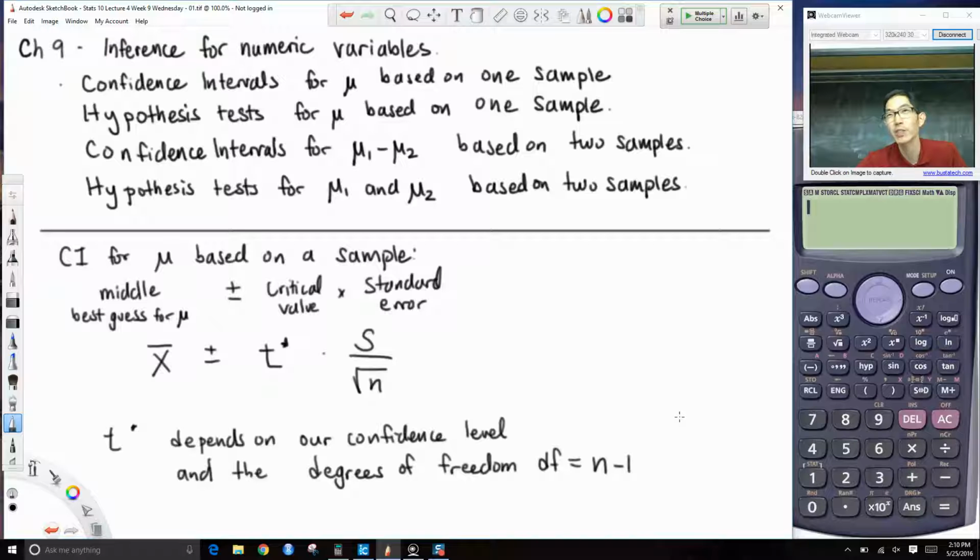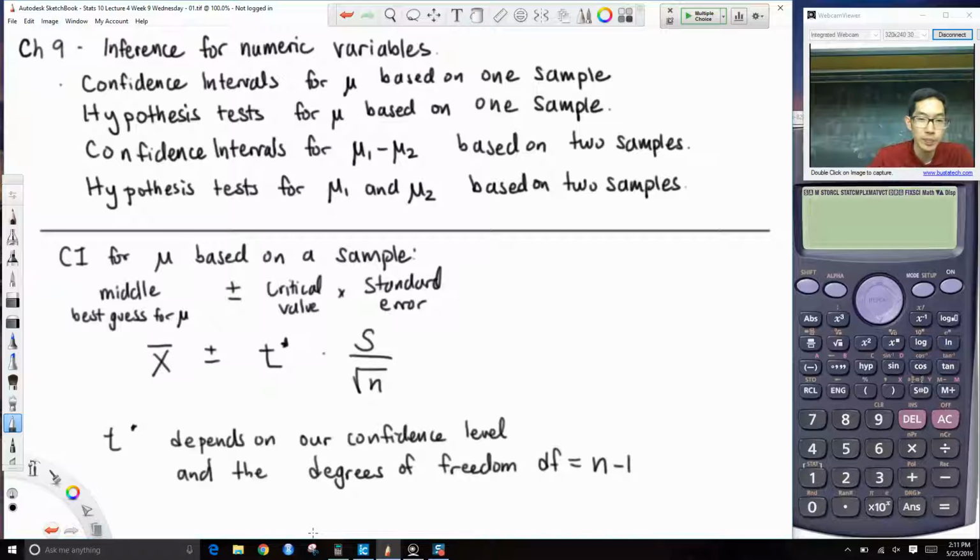All I have to do is make sure that when I add up all 10 numbers, it adds up to 500. So in essence, you have 9 degrees of freedom because I get to pick the last one to make sure that the sample mean is what I want it to be. So degrees of freedom is n minus 1.